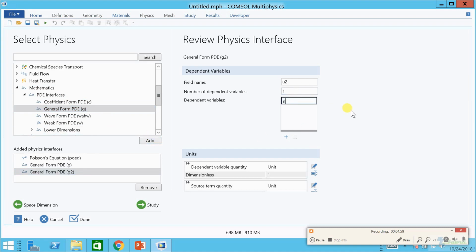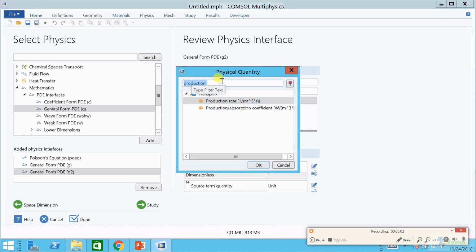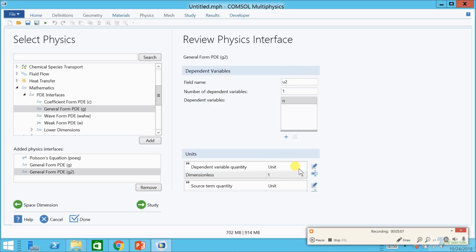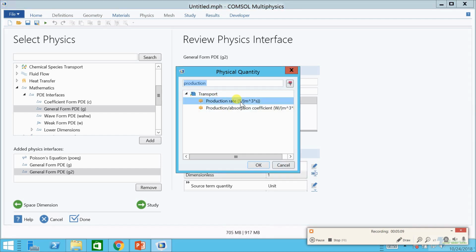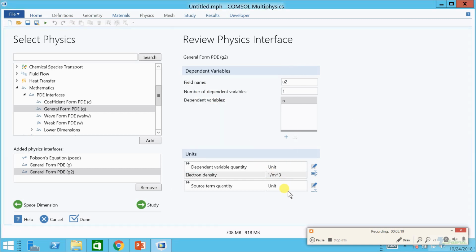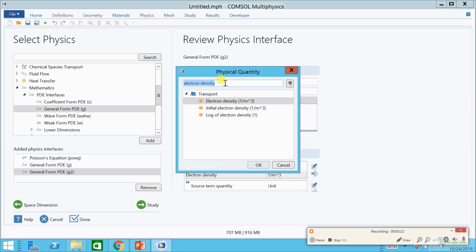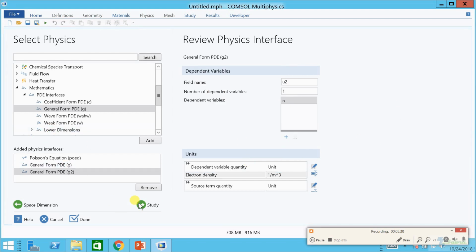Here it is the same. That's it. We have added the physics interfaces, and then we go to study.